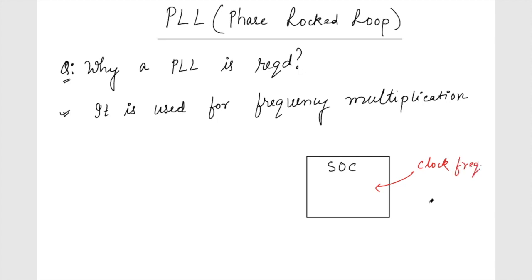The clock frequency is in the range of gigahertz. But the clock that is provided generally, which comes from a crystal oscillator, is only in the few megahertz range. So this is my SoC.